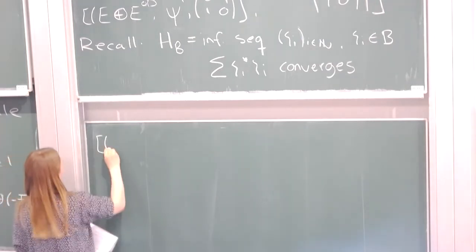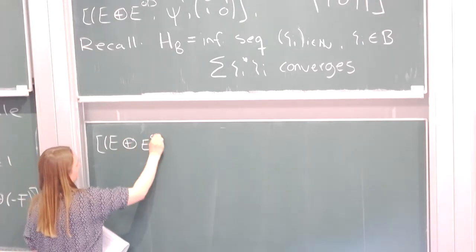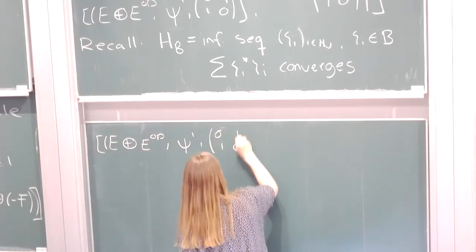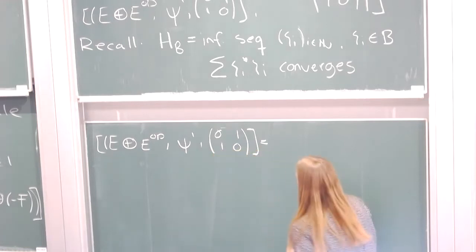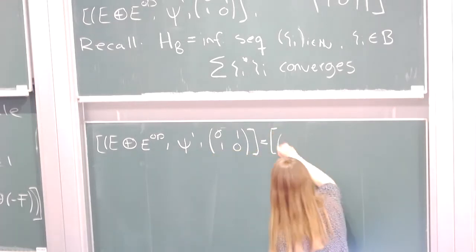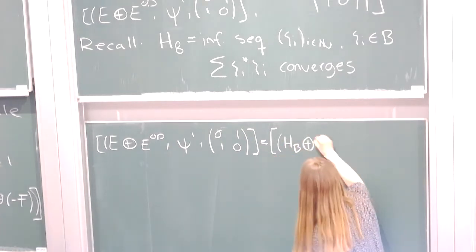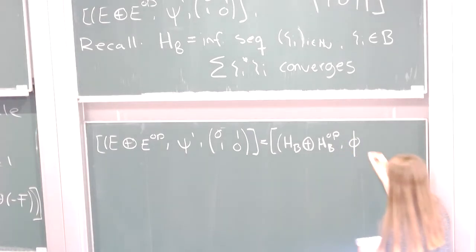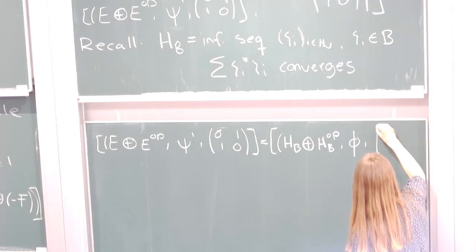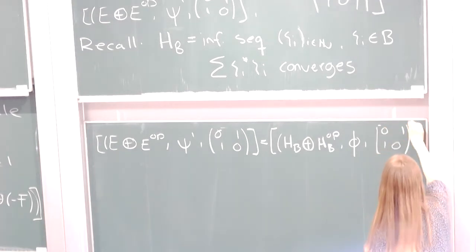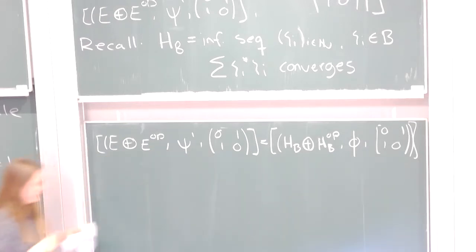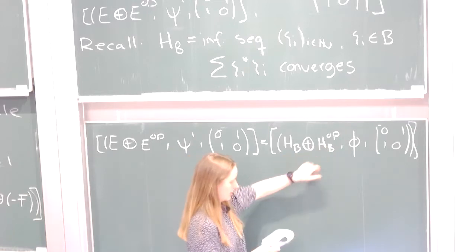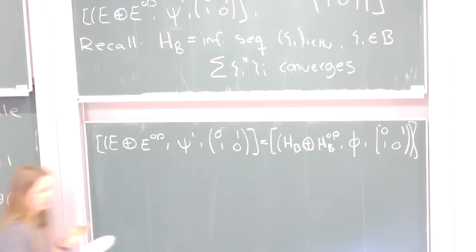So now we have that E plus psi prime can be written as this HB plus HB up, with a star homomorphism phi, and then we have this operator as before, which follows just by adding the module HB plus HB up with 0, and then with this same operator.